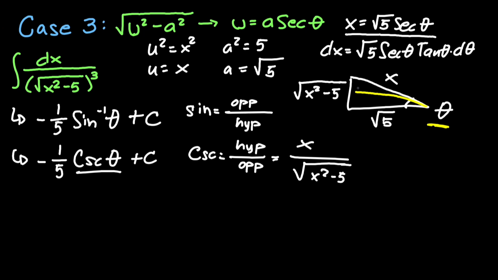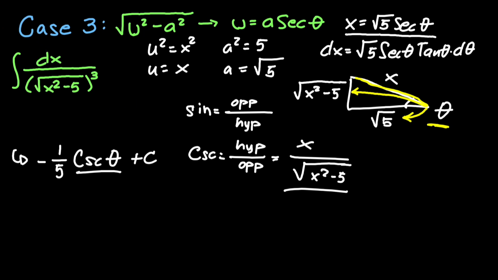This is its opposite side. Know that the hypotenuse is the longest length and adjacent is just its beside. So that we have our cosecant value. This would be the final answer. It would be negative x over 5 multiplied by the square root of x squared minus 5 plus the constant of integration.